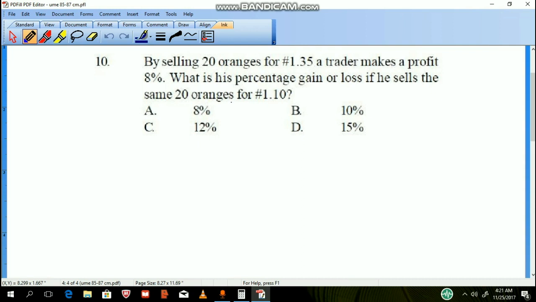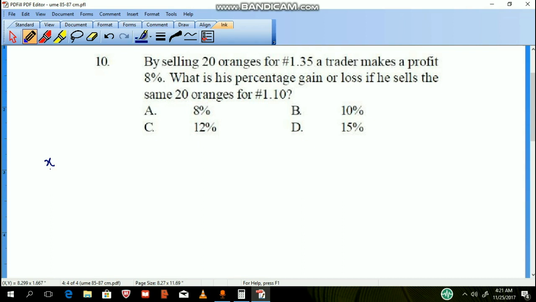Okay, first thing first, we need to get the cost price, because he bought 20 oranges for a particular amount, and he sold it for 1.35.